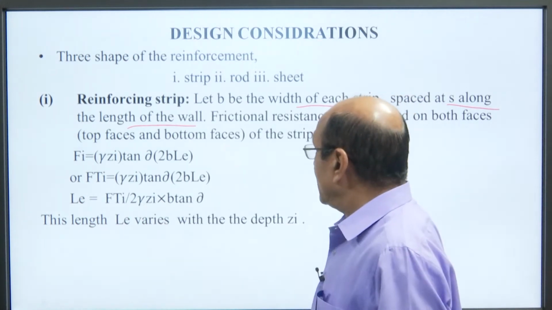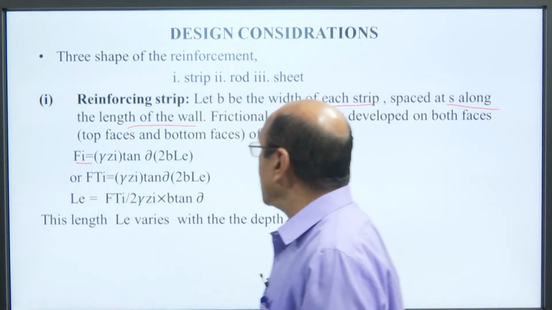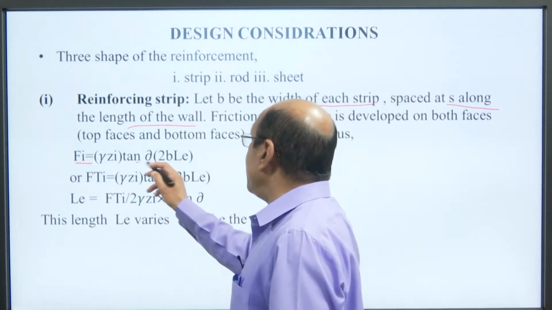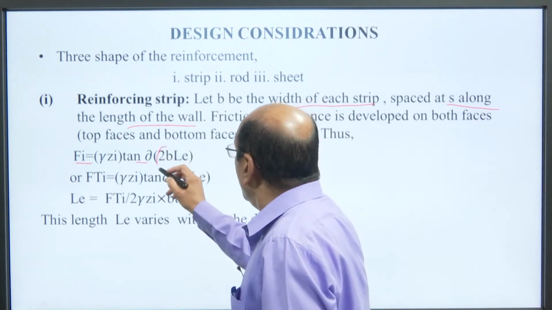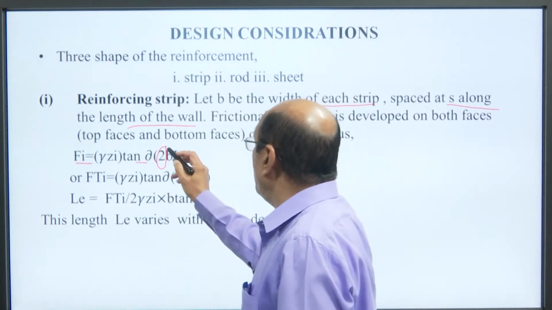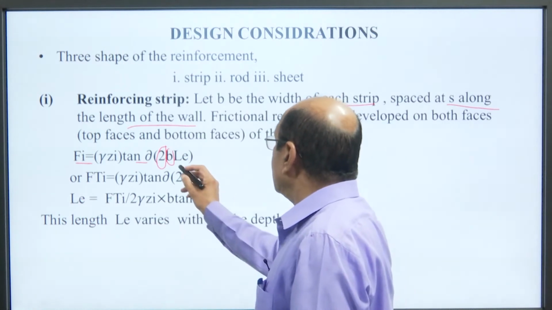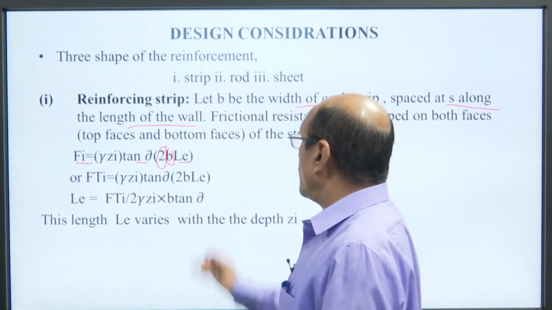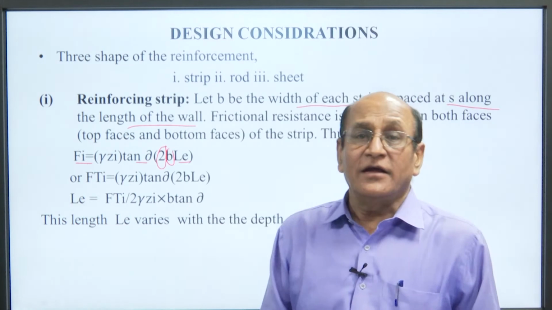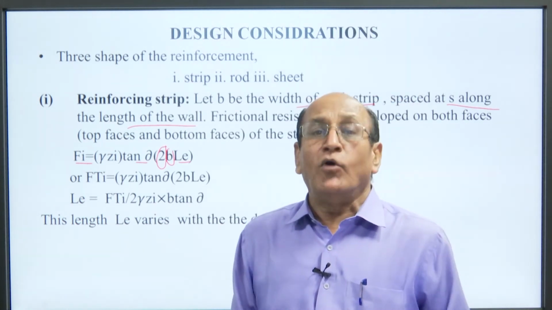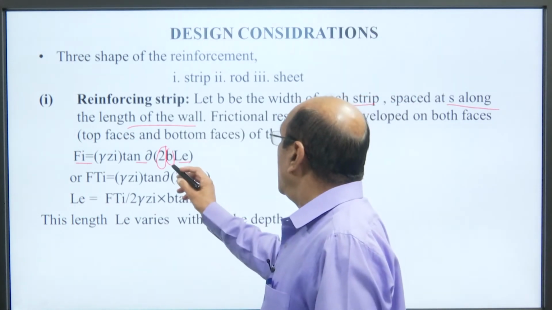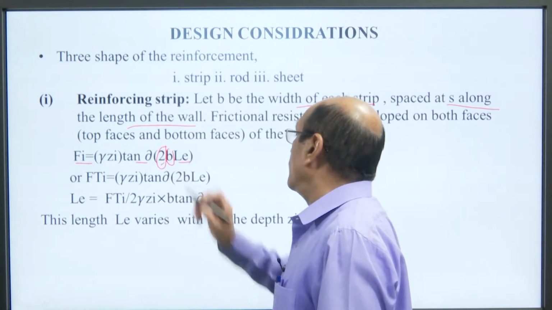Thus, F i, that is gamma Z i tan delta, here 2 means 2 faces, this is the width and this is the length. Because we have taken bottom and top both faces, it has been multiplied by 2.